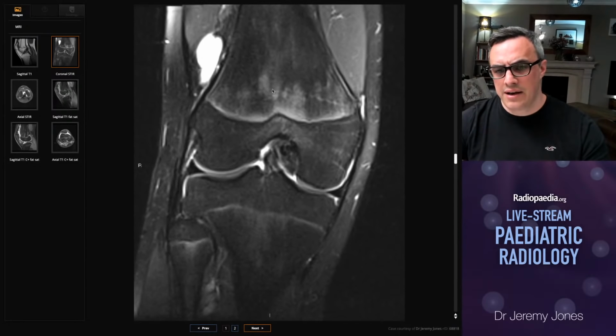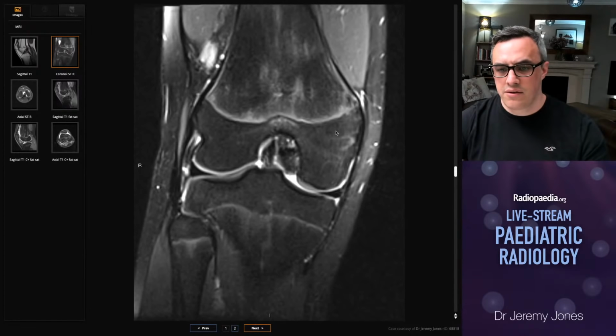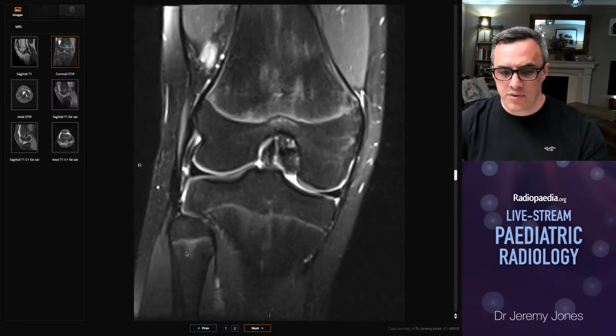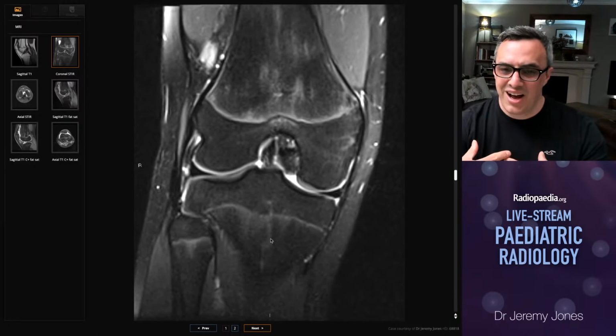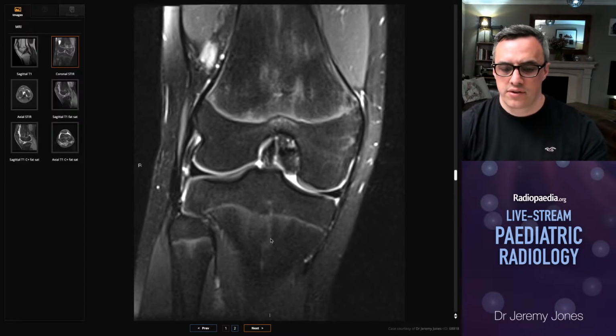It's often in linear striated patterns, extending through the metaphysis and then stopping at the physis. You shouldn't see it crossing over into the epiphysis. In the epiphysis, they're actually often sort of transverse. Again, we see it here, and we see it in the tibia as well. So don't get caught out by seeing this physiological edema and calling it abnormal. It's just where they are in their growth.